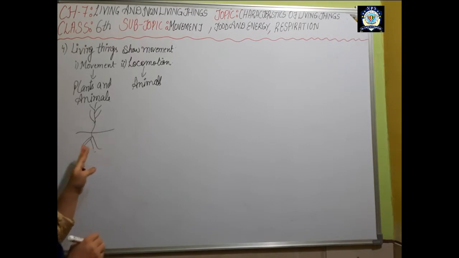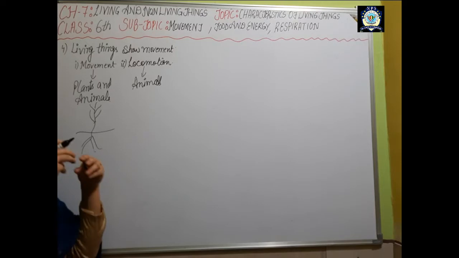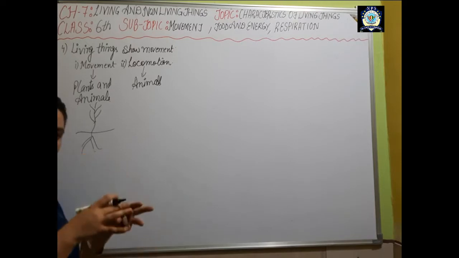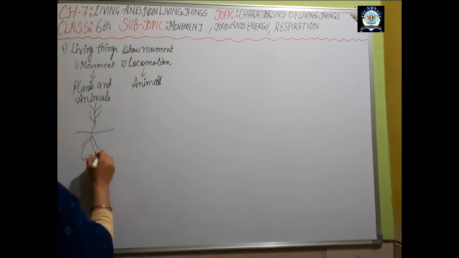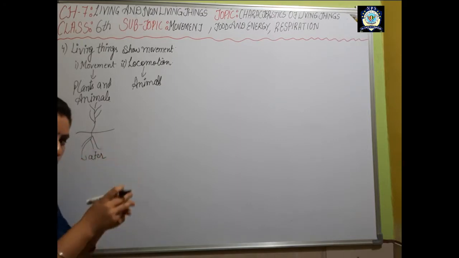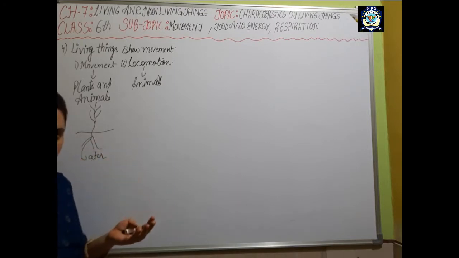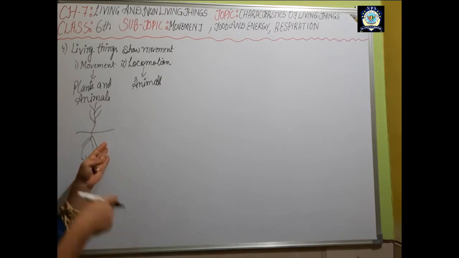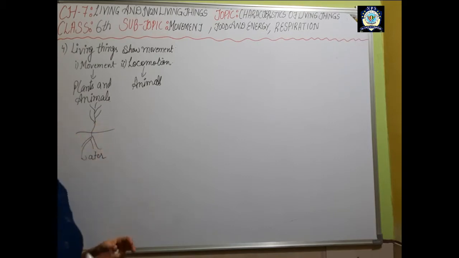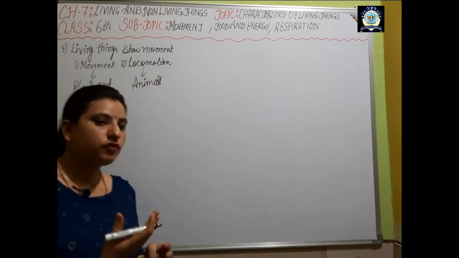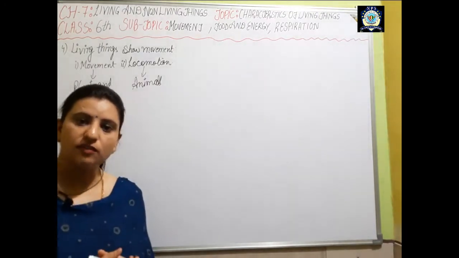The nature of roots is that they move downwards because in the soil there is presence of water molecules, and roots have to absorb water for the process of photosynthesis. So that's why roots grow downward and shoots always grow upward. One more example is the sunflower plant.